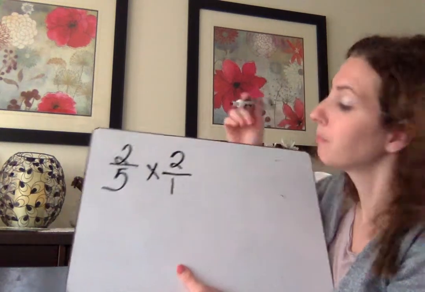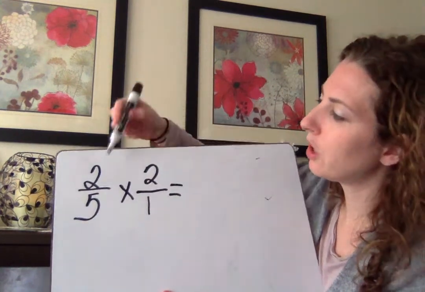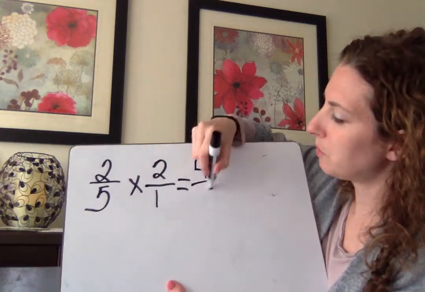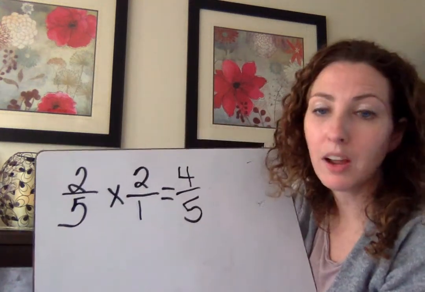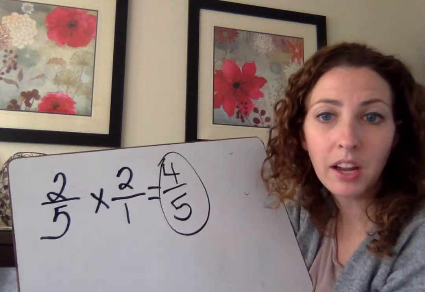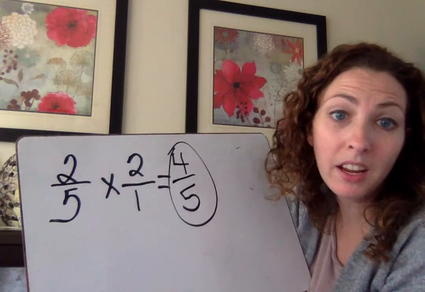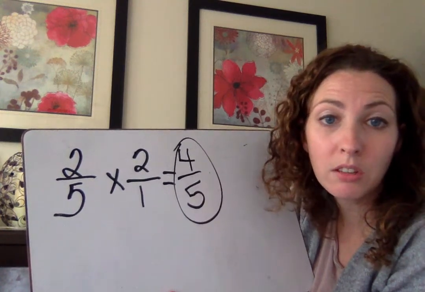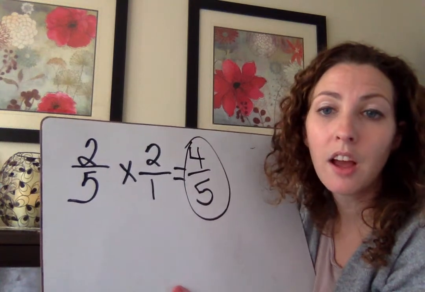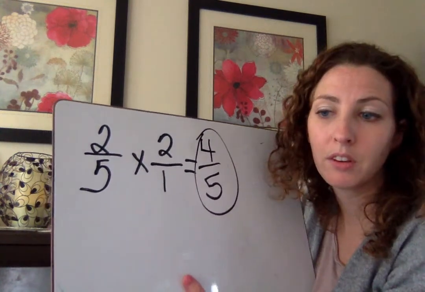You just put a 1 under it. And then I'm going to multiply it across. 2 times 2 is 4. 5 times 1 is 5. You don't have to do anything with that. It's 4/5. That's it, okay? Some of them you might have to convert, some you won't. It just depends. So pay attention to see if that's an improper fraction. In this case, it wasn't. All right? And I'll try one more where we will have to convert.